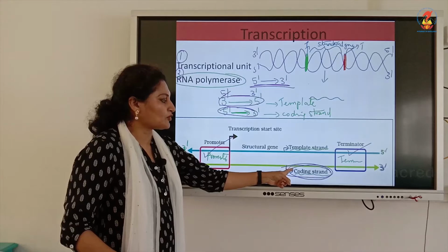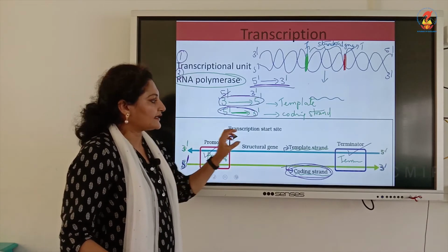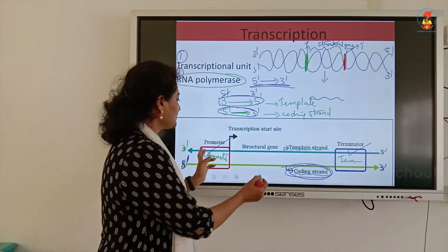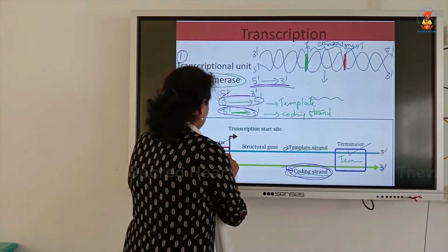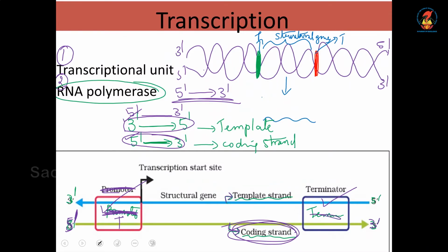Where is the promoter located with respect to the coding strand? At the 5' end, and the terminator is located at the 3' end of the coding strand. If we interchange this, and I put this as terminator and put this as promoter, what will happen? We have to reverse the polarity of the strands.